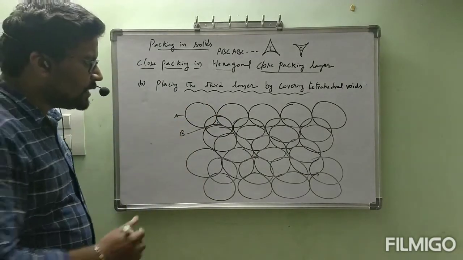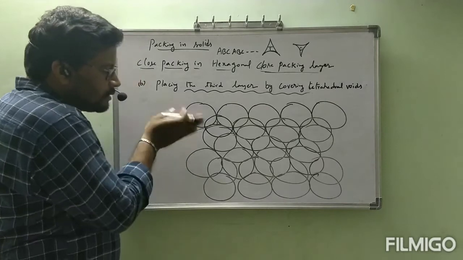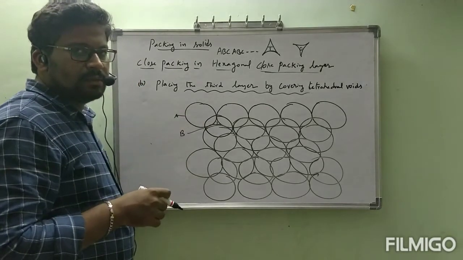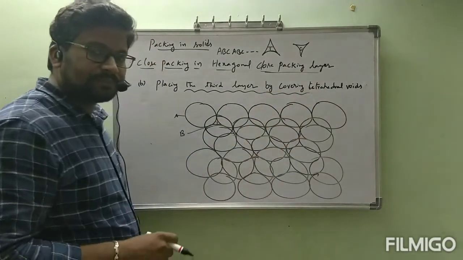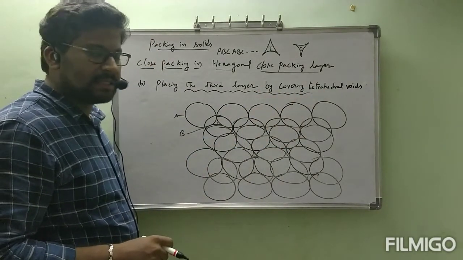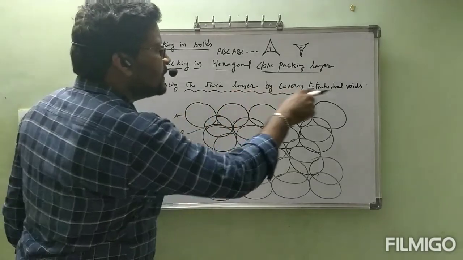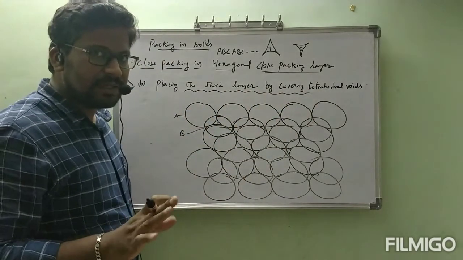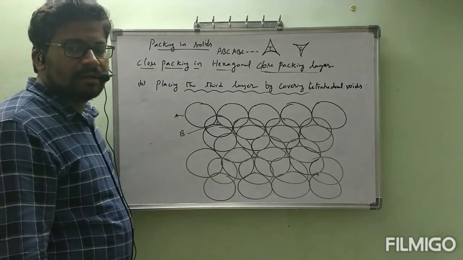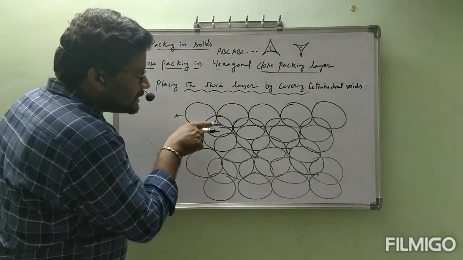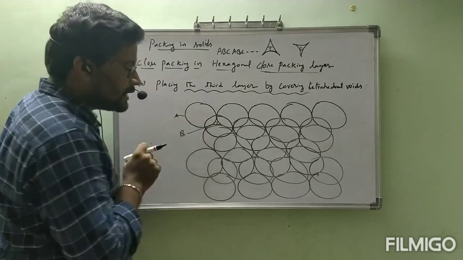Now we are going to keep the third layer below the A layer. By covering which voids? Tetrahedral voids. Placing the third layer by covering tetrahedral voids. We keep the layer below the A layer in a way that the particle comes exactly into the tetrahedral void.